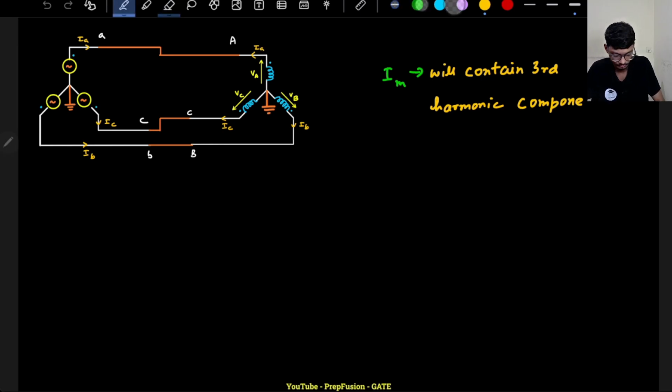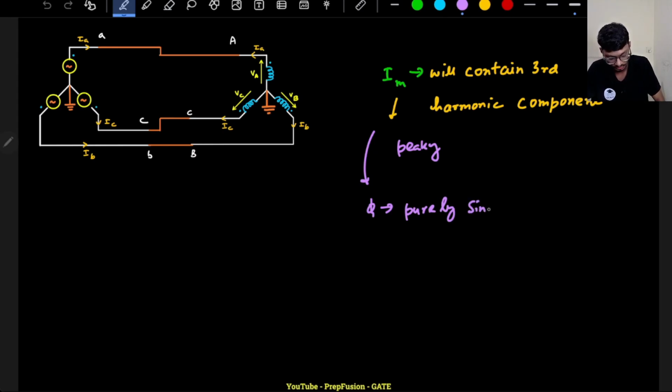If magnetizing current contains third harmonic components, that means magnetizing current will be peaky in nature. This we have already discussed, and hence my induced EMF or flux will be purely sinusoidal if both the neutrals are connected. But again, there is a disadvantage of this, right? EMI, we have already discussed, is the disadvantage of this, so that's why we will not use this.